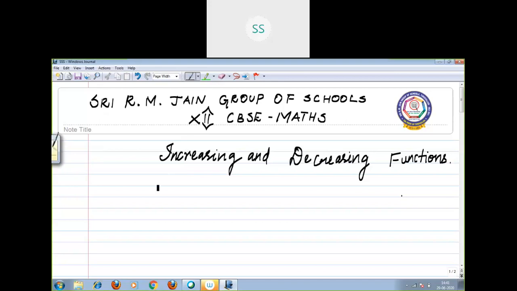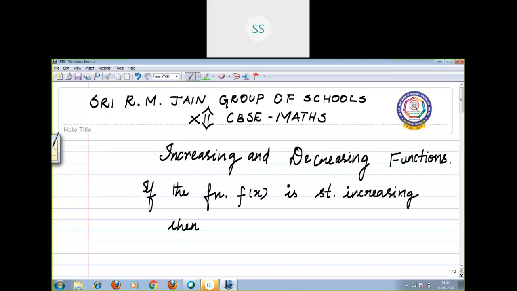Simply I will say, if the function f of x is strictly increasing, then f dash of x is greater than 0.